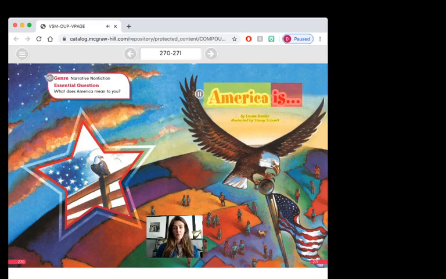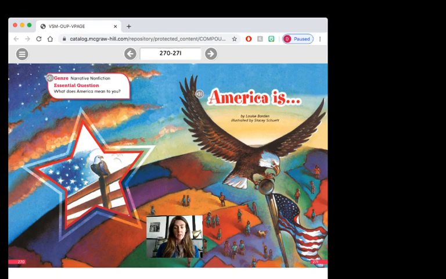America Is by Louise Borden, illustrated by Stacy Schuett. Let's take a moment, all of you, I want you to try and put your finger on where the author and the illustrator is on your screen right here. If you can find that for me, put your finger right there.